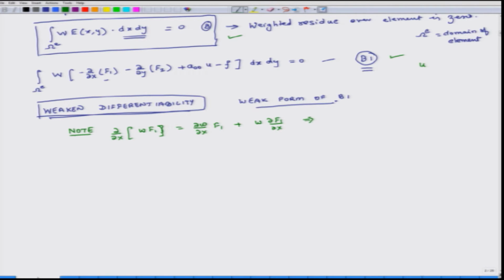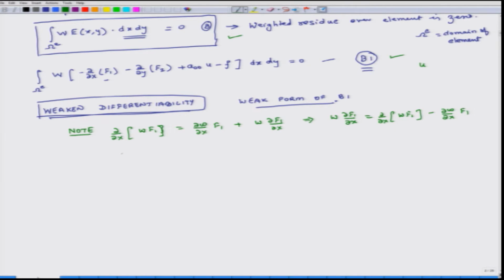So, this gives me W times the partial of F1 with respect to x equals this relation.